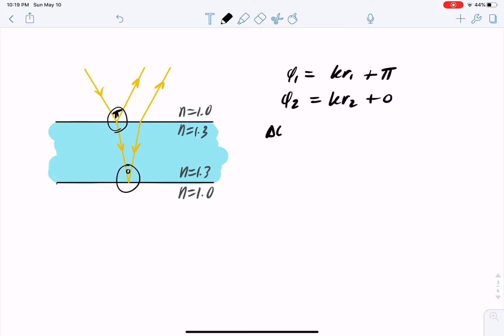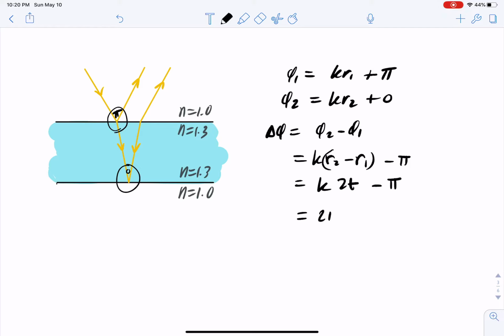So now the difference in the phase is almost the same as what we had before, but now we've got an extra little pi here.